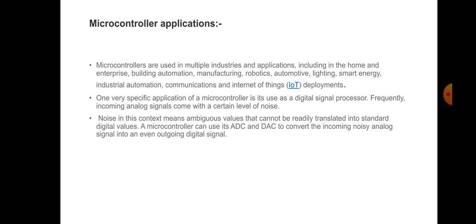One very specific application of a microcontroller is its use as a digital signal processor. Frequently, incoming analog signals come with a certain level of noise. Noise in this context means ambiguous values that cannot be readily translated into standard digital values.